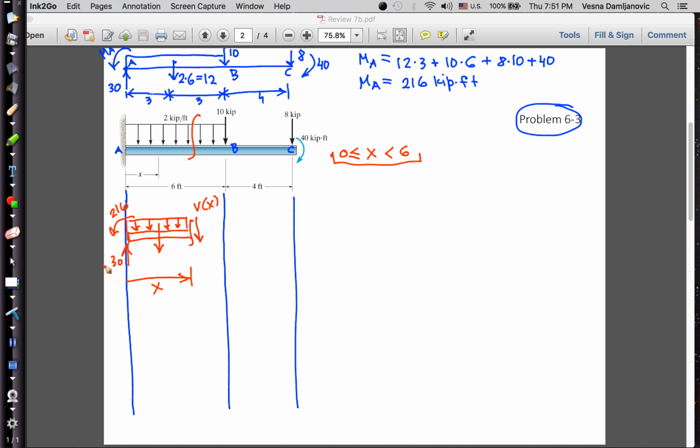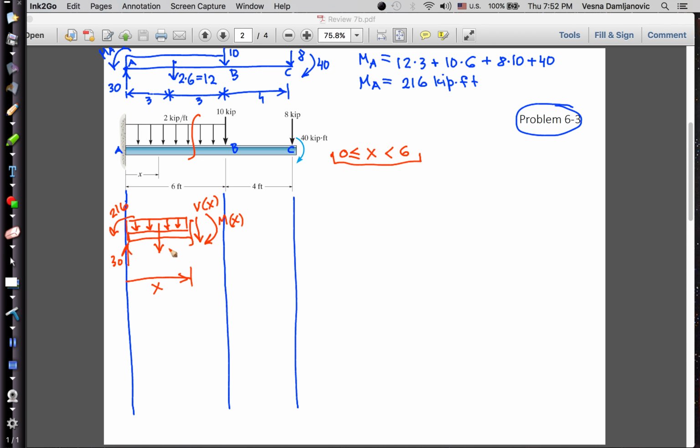We're now calculating the moment around this point of the section. So 216 goes this way, 30 goes that way, and this little one goes that way. So I think the total moment would be going in this direction. So that means the reaction moment there is this. It's a guess. If we guessed wrong, it's going to be something else, but we will keep track of it when we draw the diagrams.